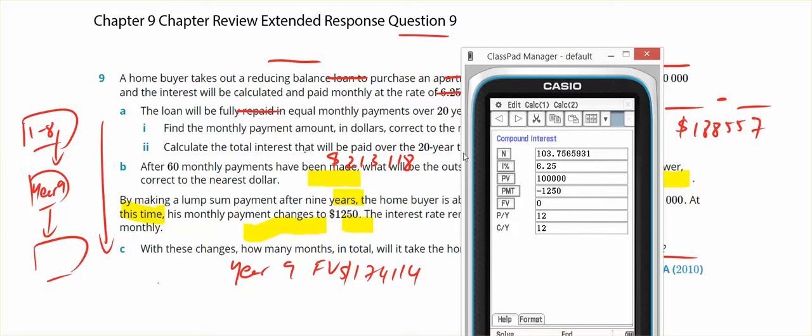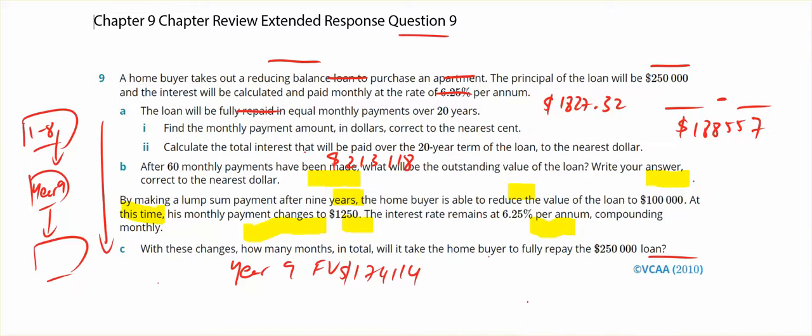It's 103.75 months. So this part takes up 103.75 months. The earlier part took up 9 years.